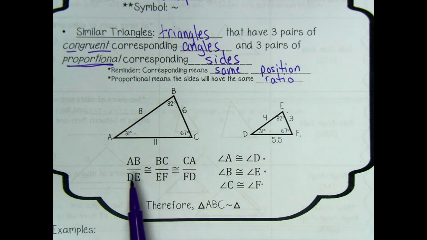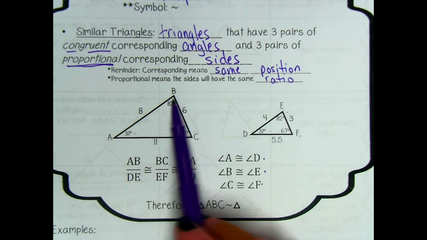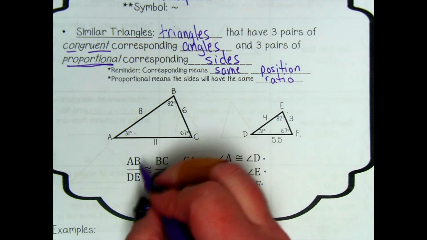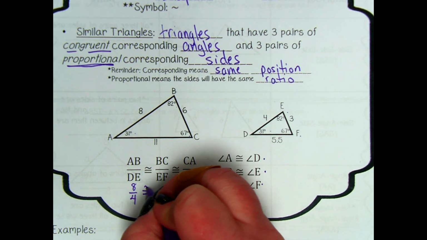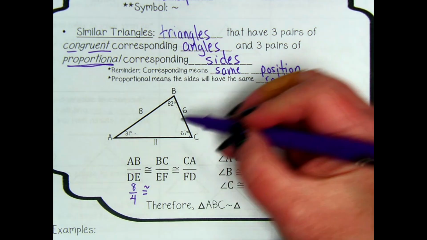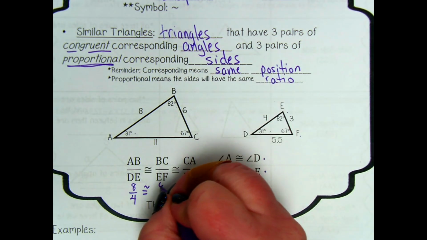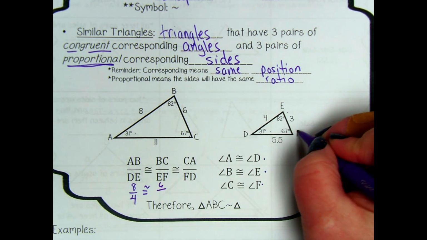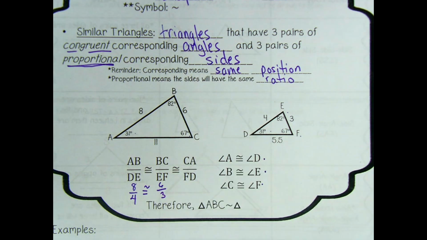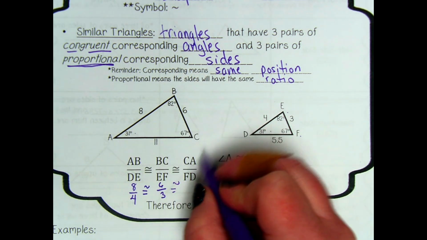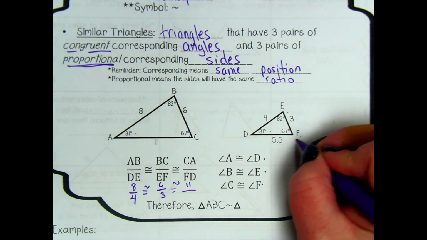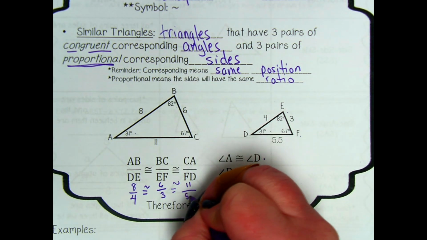So we see that we have AB over DE. So AB and DE, so that's going to be 8 over 4. And that should be congruent to BC, which is 6, over EF, which is 3, and then CA, which is 11, over FD, which is 5.5.